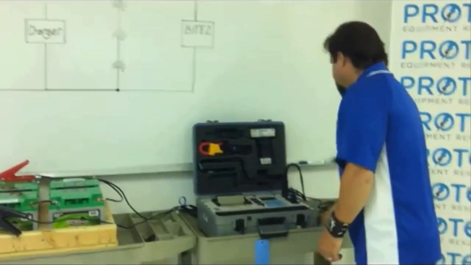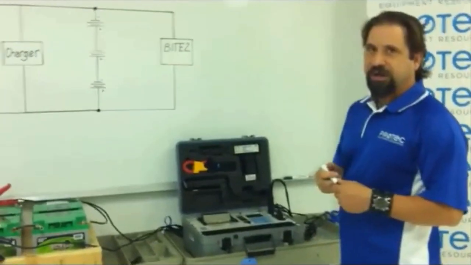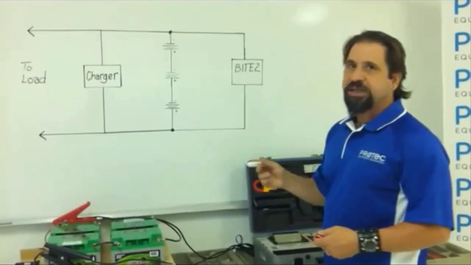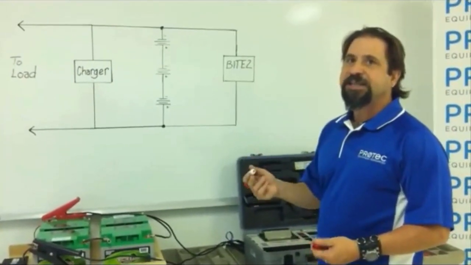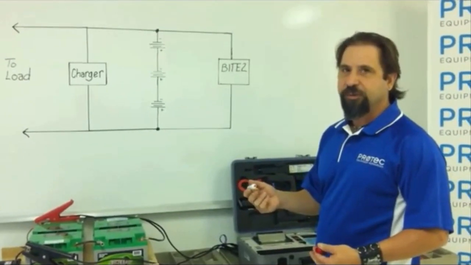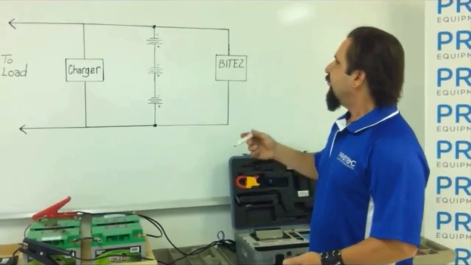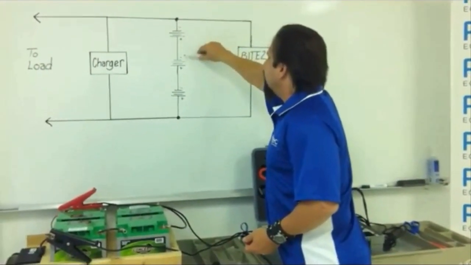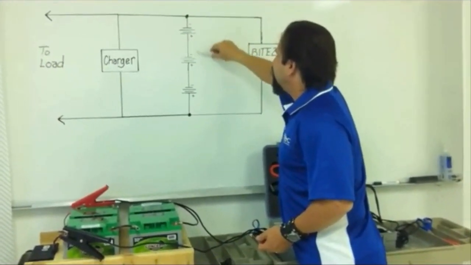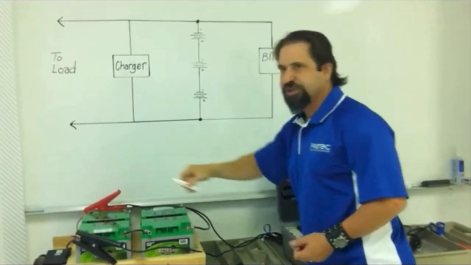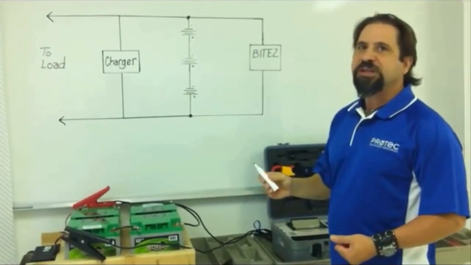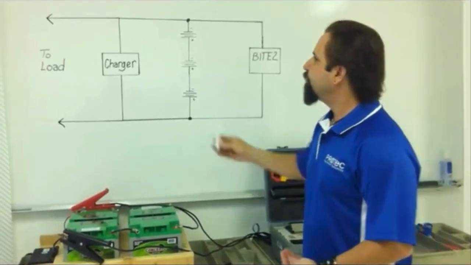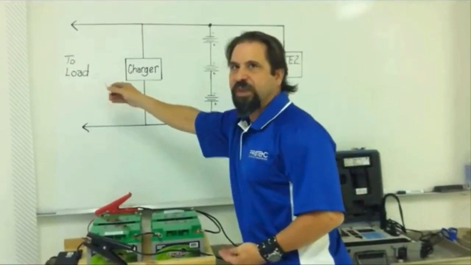Now, the way the BITE product operates or conducts its test is the transmitter is going to inject an AC current into the battery string. Now, the combined impedance and combined strap resistances of the battery string should be relatively small in overall value compared to that of the load.